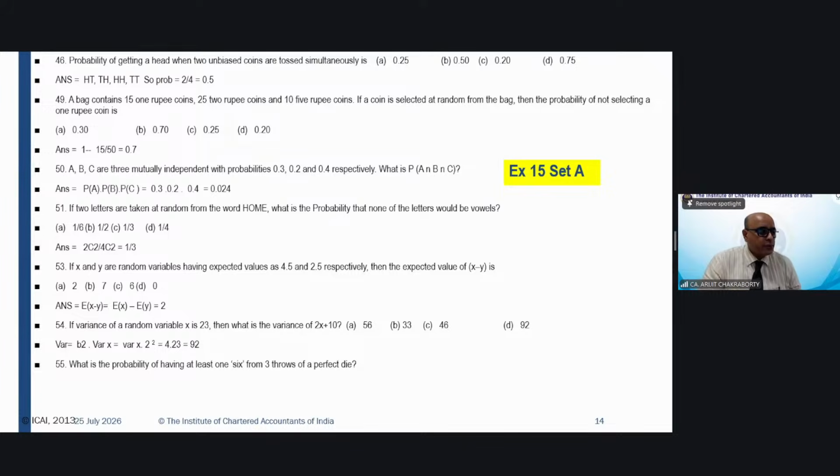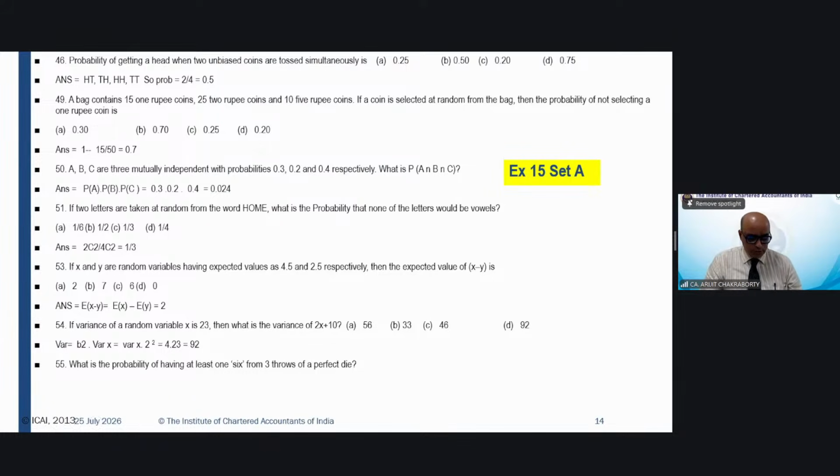The variance of x is 23, and the value of b here is 2, because it is given y equals 2x plus 10. So variance of y is b square into variance of x. Variance of x is 23 and b square is 2 square, which is 4. So the answer comes to 92.